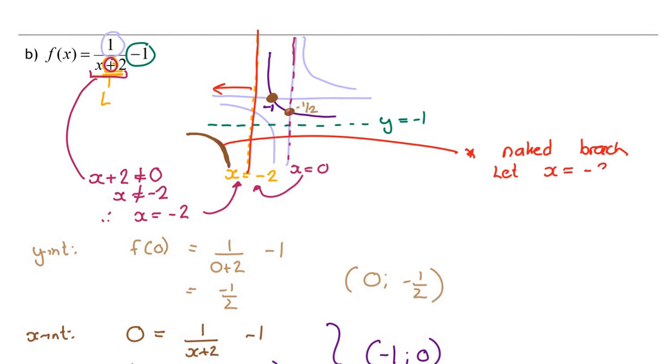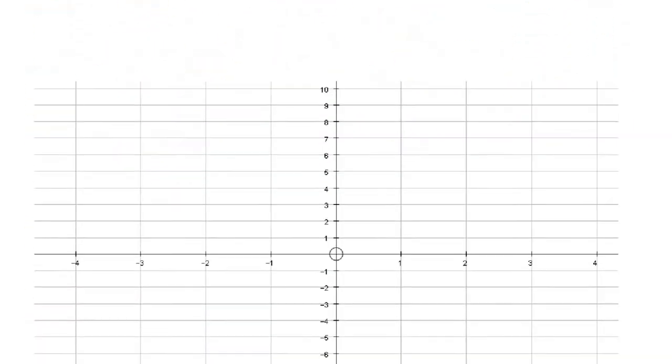So why not? Minus 3, that's the next one. So f of minus 3 would be 1 over minus 3 plus 2, and I'll just use my calculator. But basically that ends up with negative 2. So I know the point negative 3, negative 2 is on my graph. So let's go and plot this all quickly.